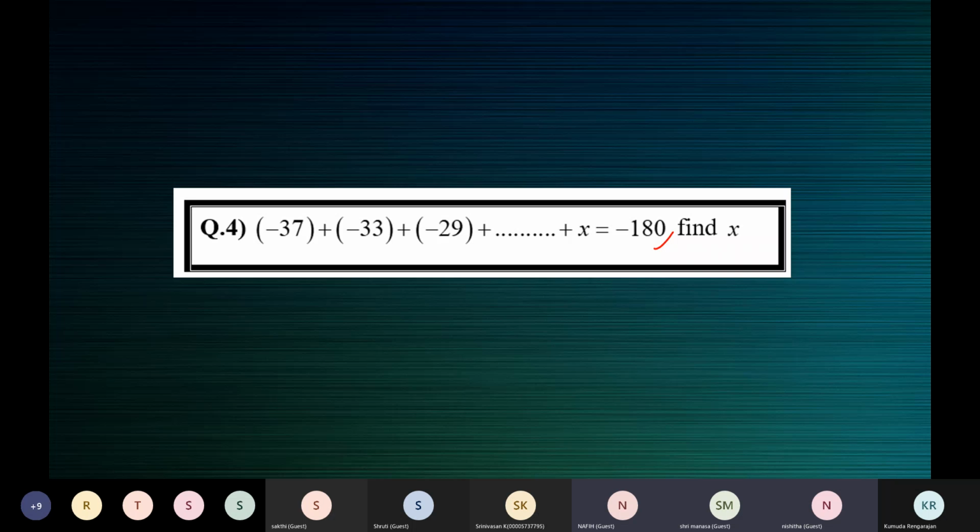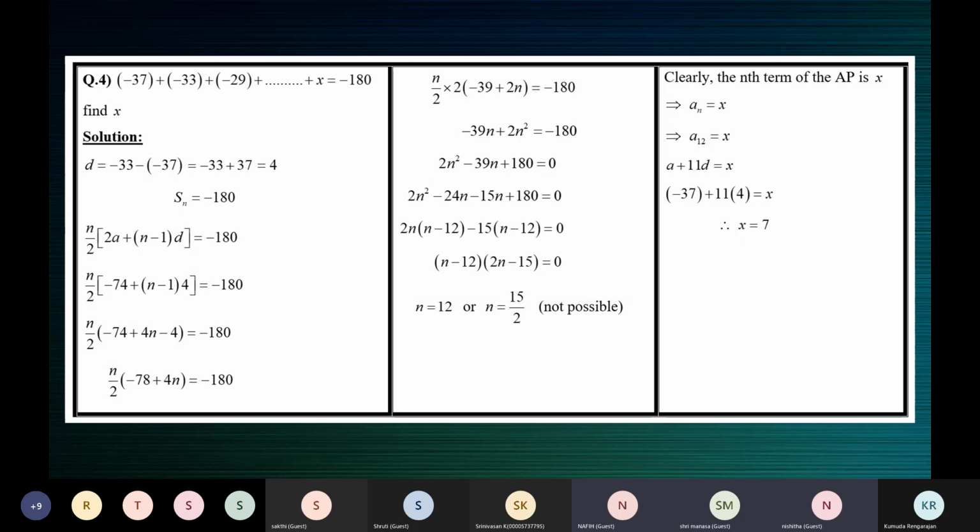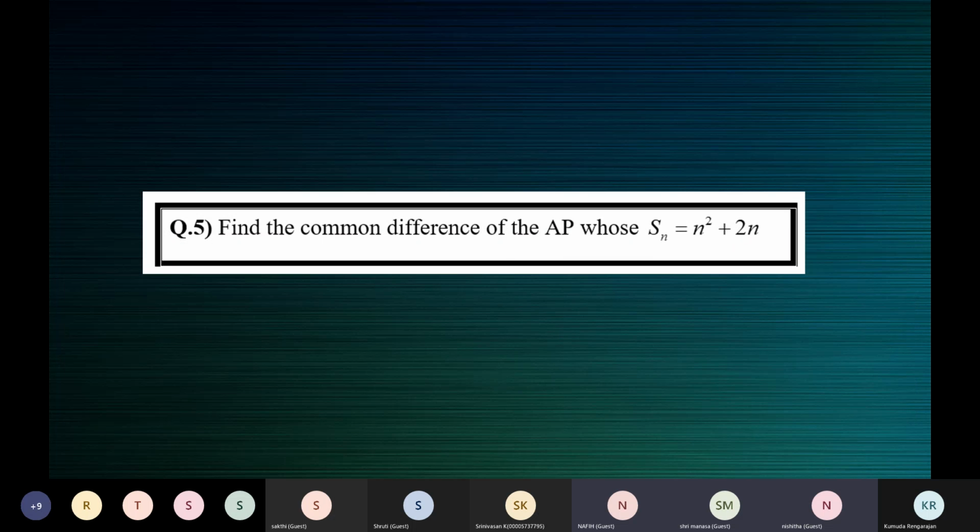Yes, ma'am. Thank you. Find the common difference of the AP whose Sn is n square plus 2n. Try this.